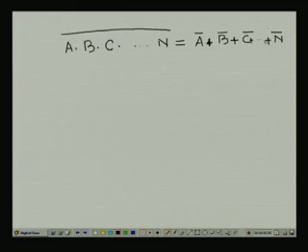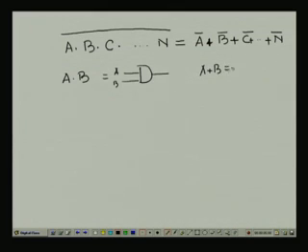So, now if we draw, this a dot b is nothing but a 2 input AND gate. This is a 2 input AND gate with inputs A, B, and this a plus b is a 2 input OR gate.